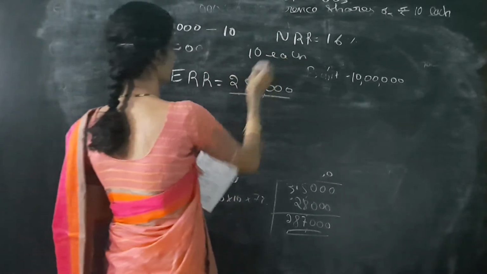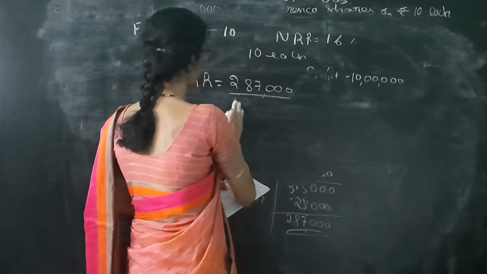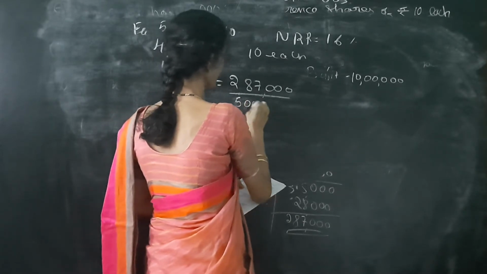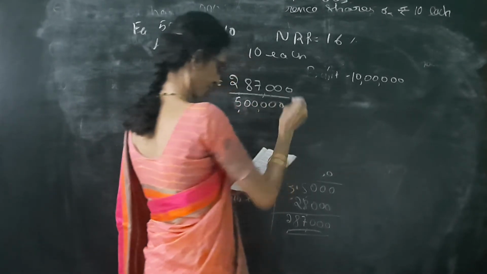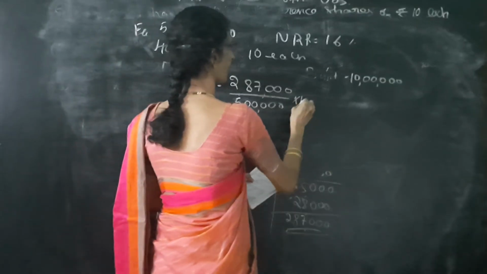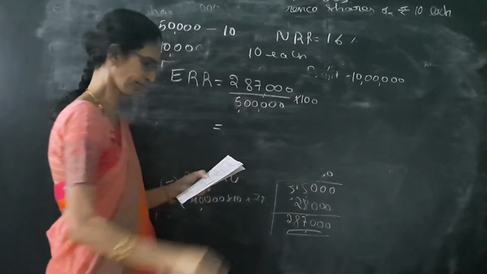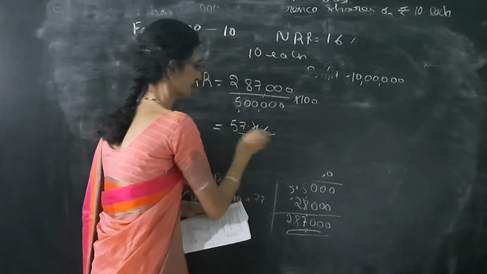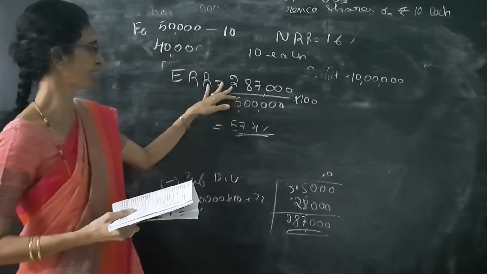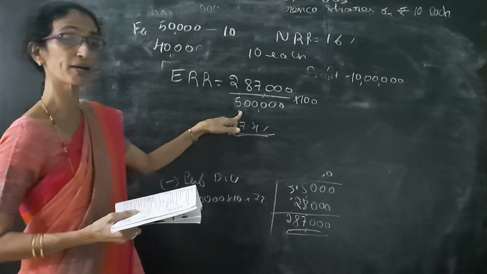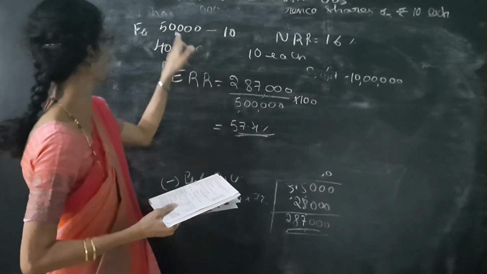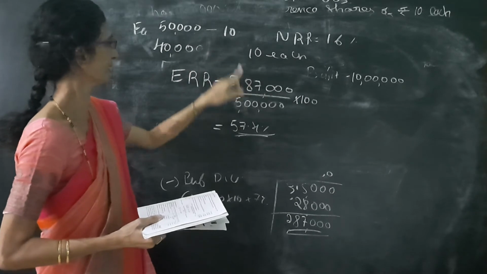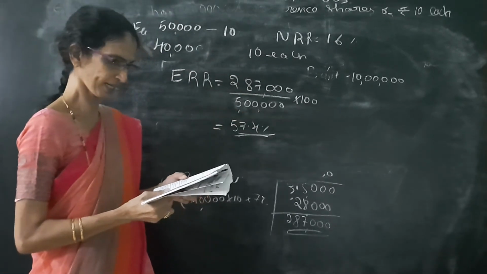It is 50,000 shares of rupees 10 each, so that is 5 lakh, into 100. So we get 57.4%. So here it is profit available to shareholders divided by equity share capital, 5 lakh, into 100.